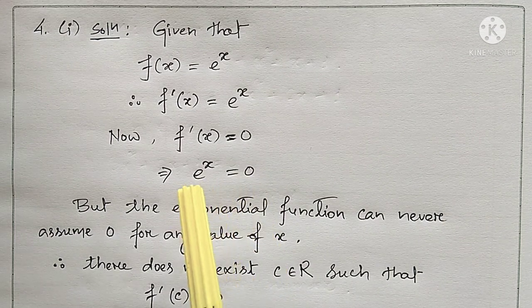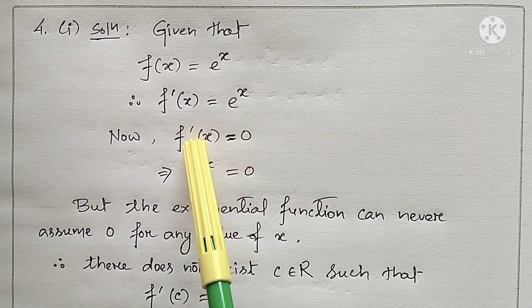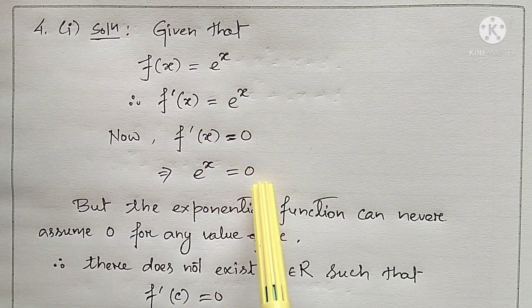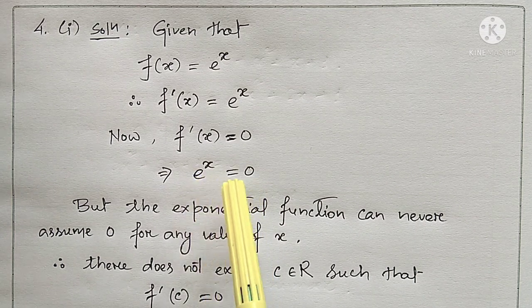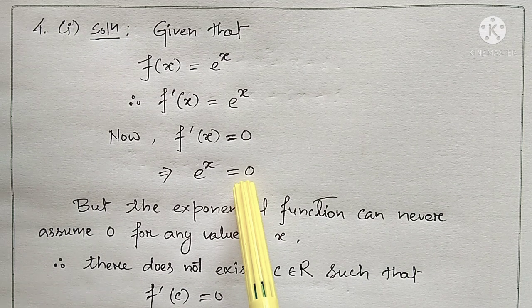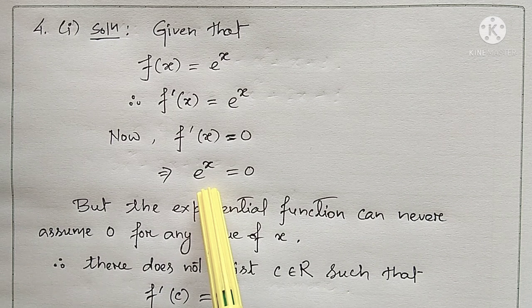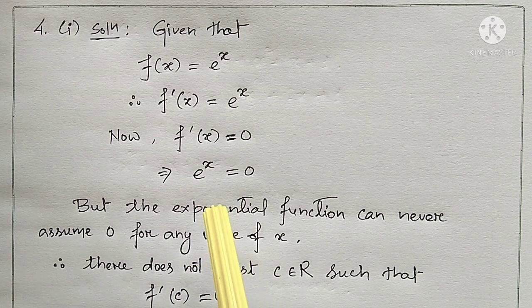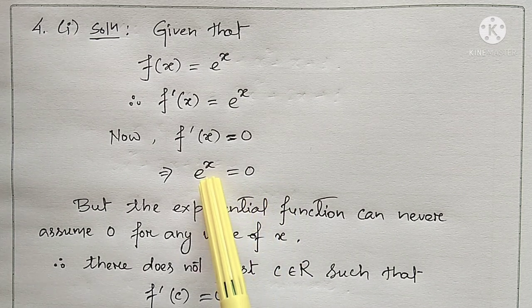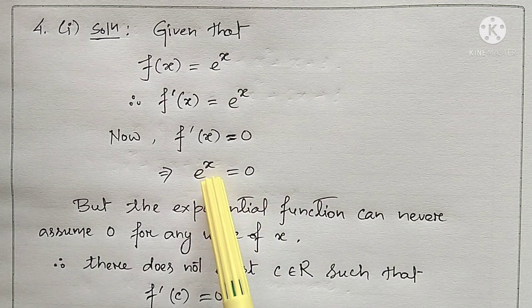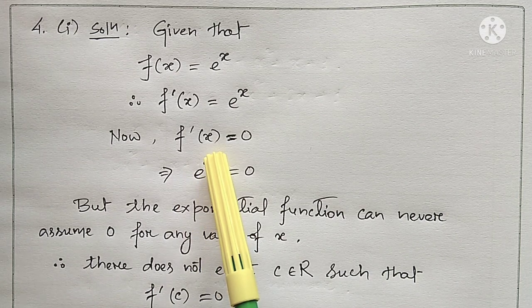Now one thing to see here: e to the power x equals 0. Why do we write f dash of x equals 0? Because from here we have to find the critical points to find the maxima or minima. But the exponential function can't equal 0, because if we put any value in place of x, say x equals 1, e to the power 1 is not 0.